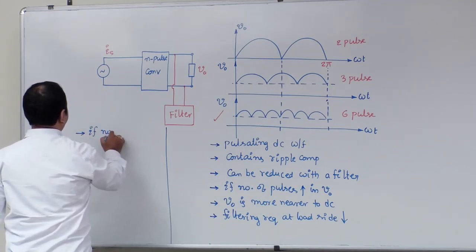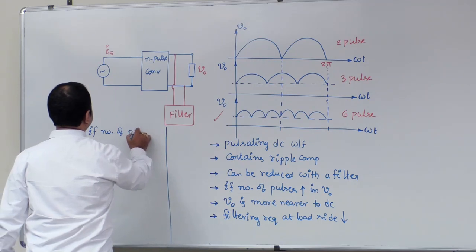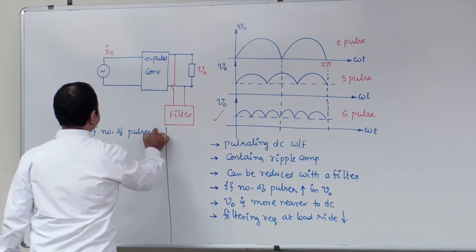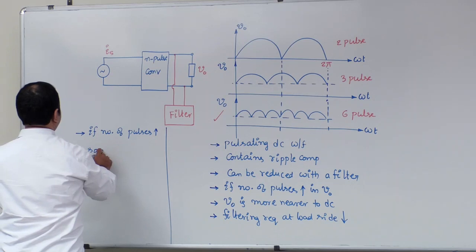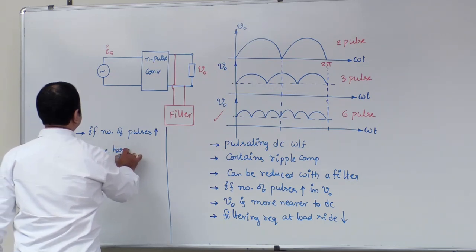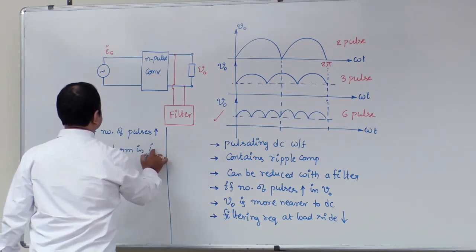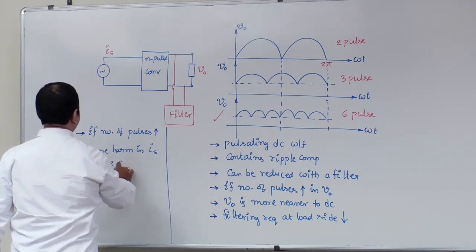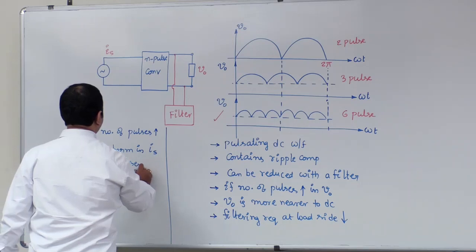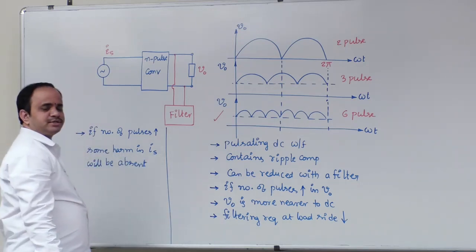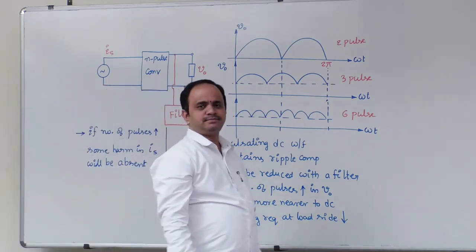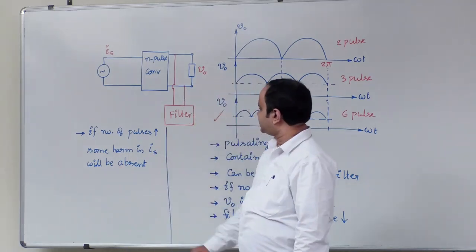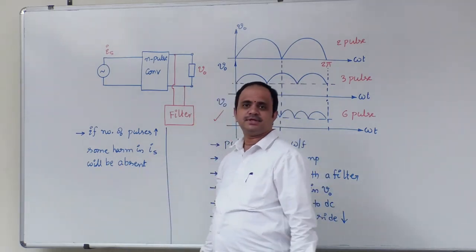If number of pulses increases, some harmonics in source current will be absent. Reasons we will study later. If number of pulses in V0 waveform increases, some of the harmonics in the source current will be absent.